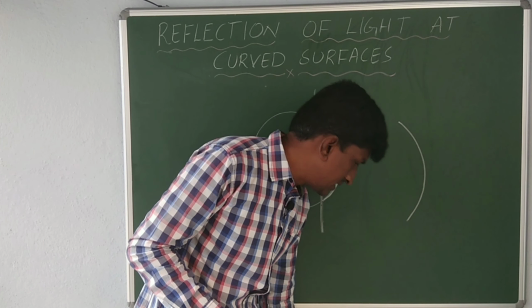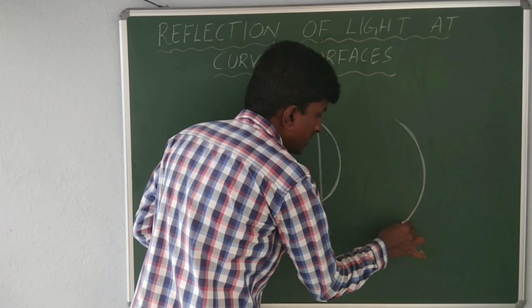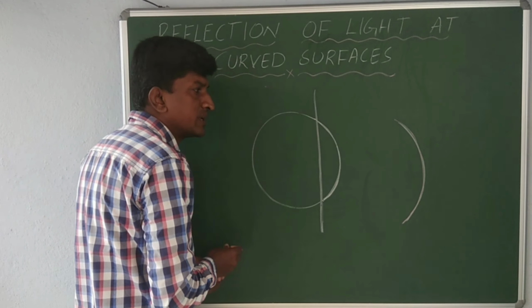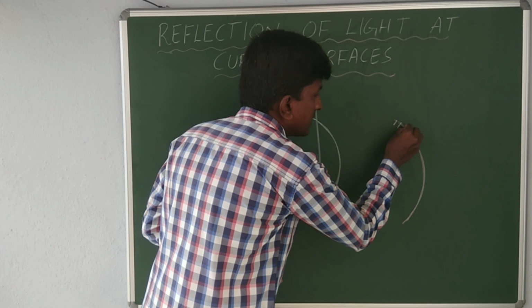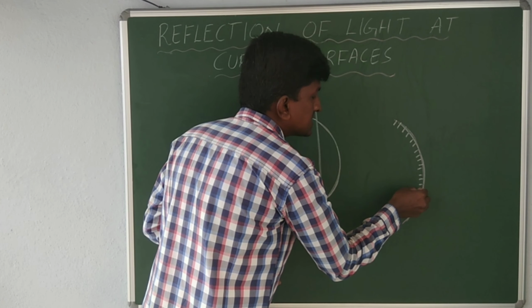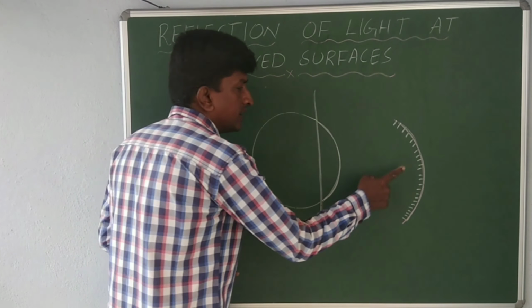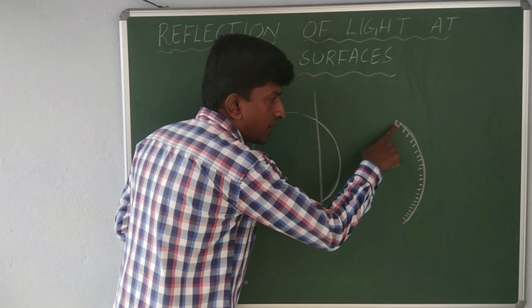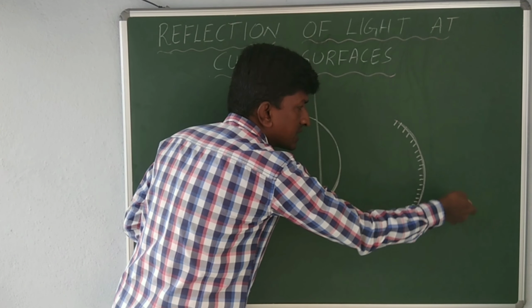Again, this is the curved surface separated from a hollow, transparent sphere. Now I am painting inside. These lines indicate the silver coated part. If I coat the concave surface, then the convex surface becomes reflecting.